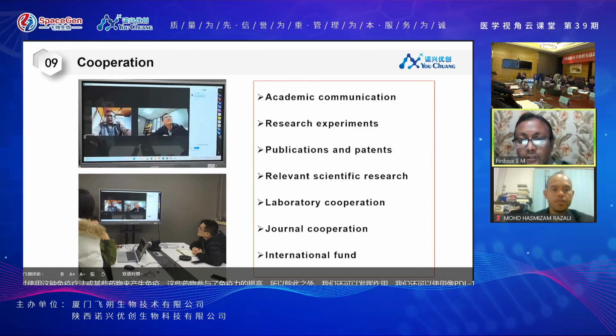So the search for better outcomes of the research in collaborations can also be done, along with laboratory cooperations and finding suitable journals with better quartile, Q1 or Q2, and also in combination we can look for international funds for the development of both our sides.